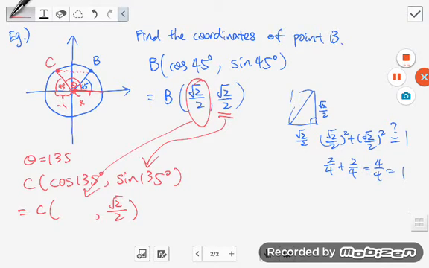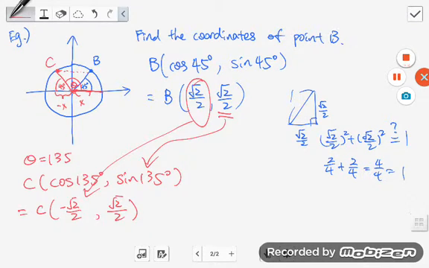That would be negative x, right? So I know that my x coordinate will be negative root 2 over 2. And that's it. If you don't believe me, go ahead, put it down in your calculator, and you'll see that. All right. I hope you guys understand this. It is almost like a reflection, right?